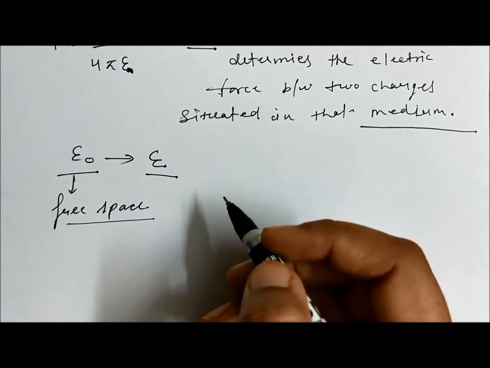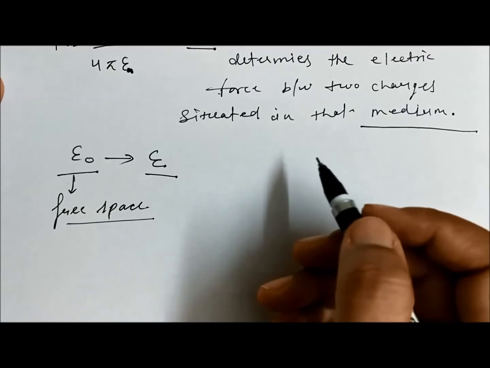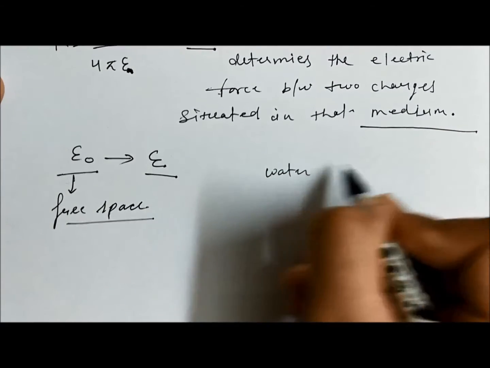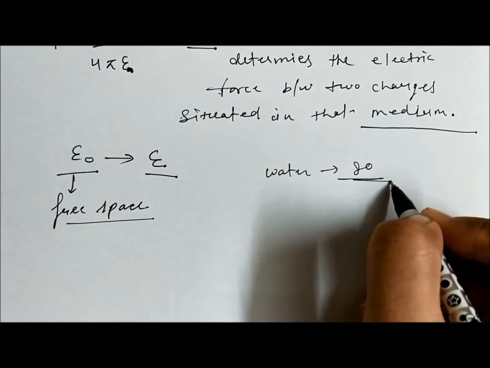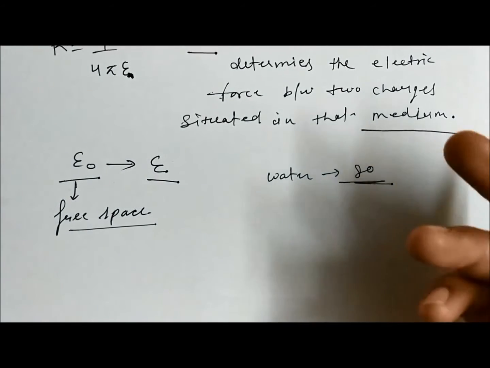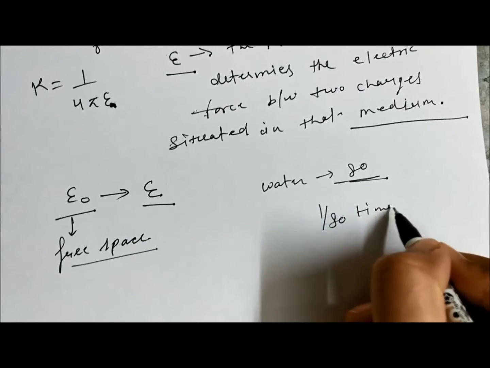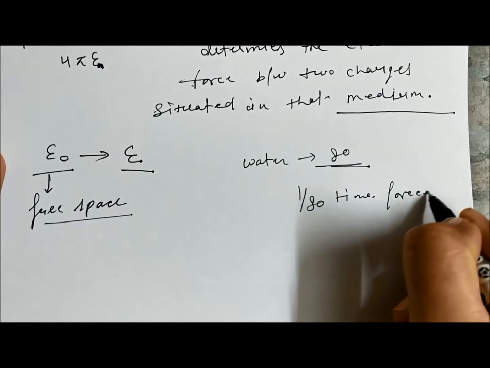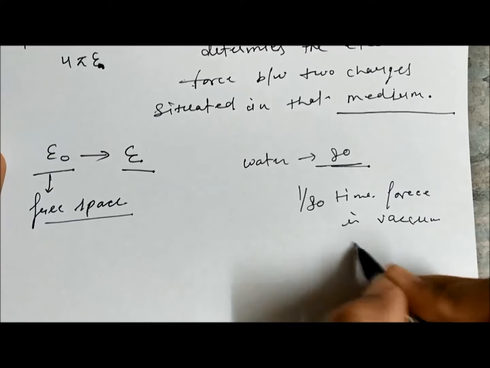For example, for water, permittivity is 80 times that of vacuum. Hence force between two charges in water will be 1 upon 80 times the force in vacuum, or you can say air.